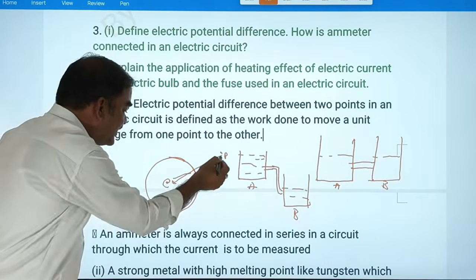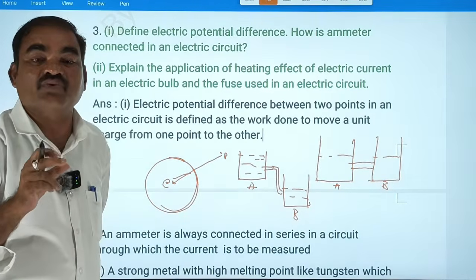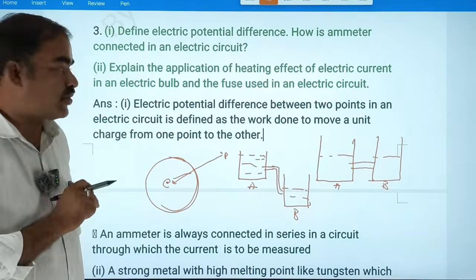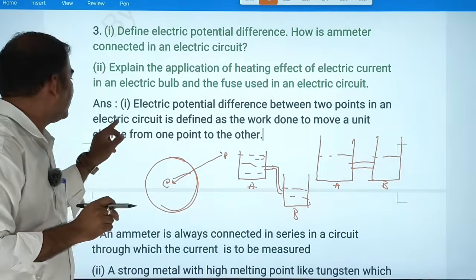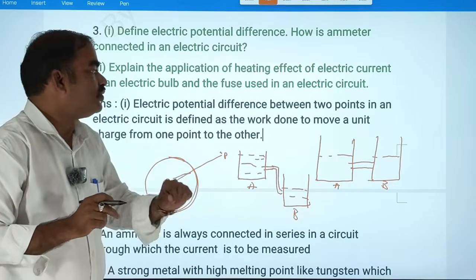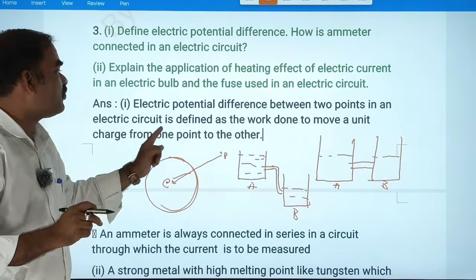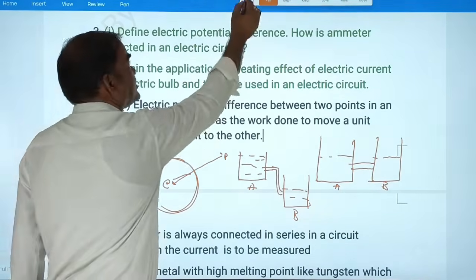This work done in bringing it between the two points, that only we call a potential difference. Electric potential difference between two points in an electric circuit is defined as the work done to move a unit charge from one point to another point. That is potential difference.